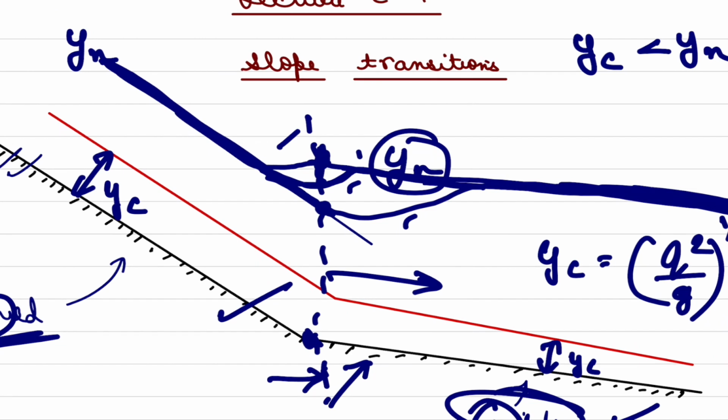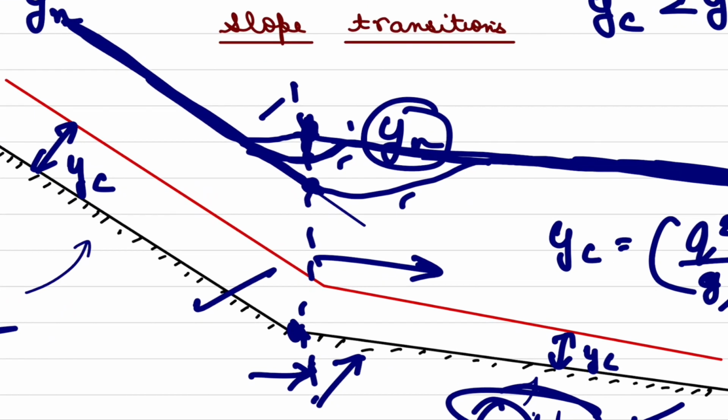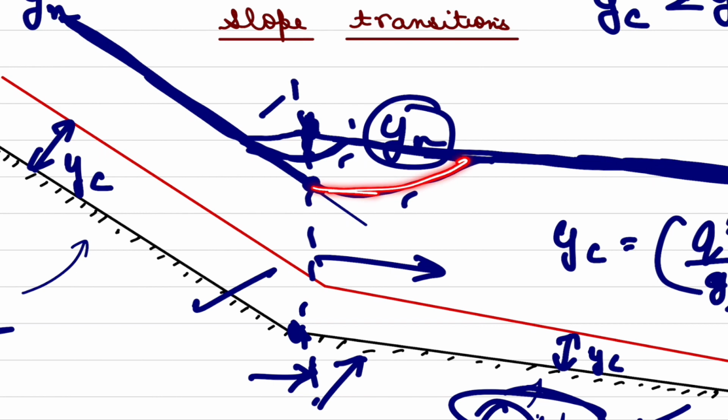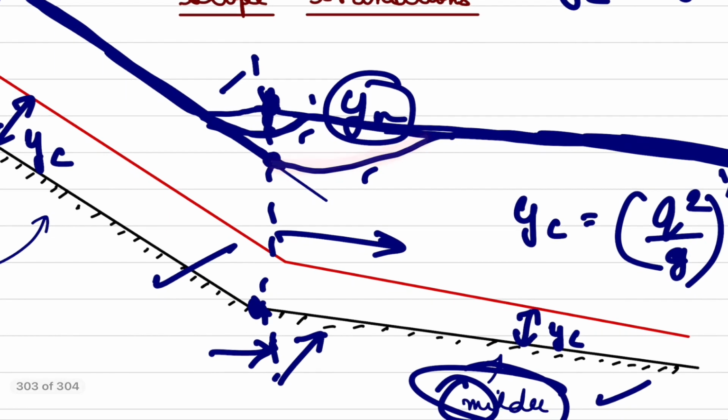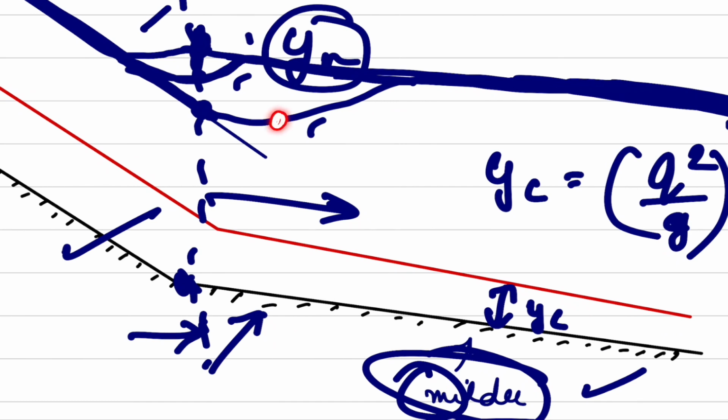Now, when we are talking about going along yn up to this point, there is no problem because this channel would be happy to maintain the flow depth equal to the normal depth of flow for the mild slope. However, if you look at this region that I am now showing with this temporary highlight, at this point our depth of flow is between yn and yc.